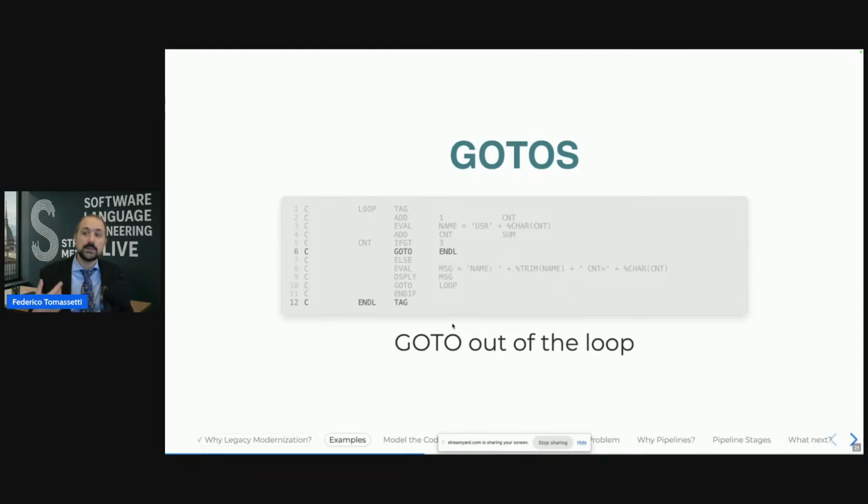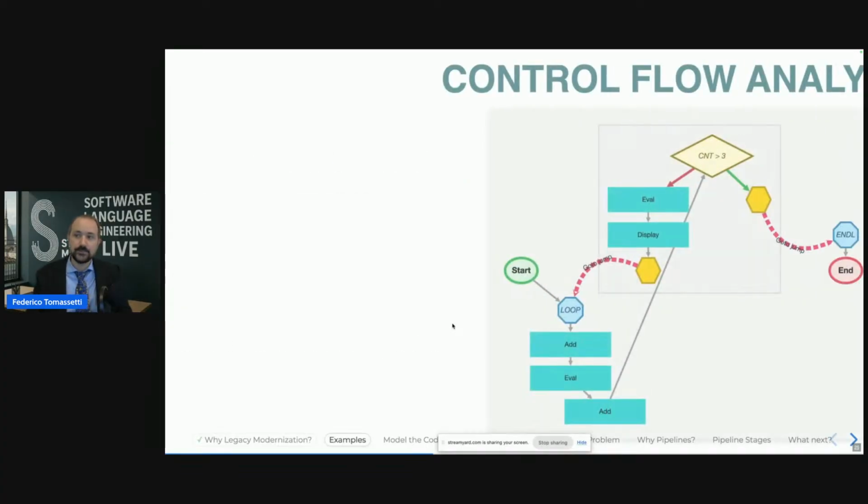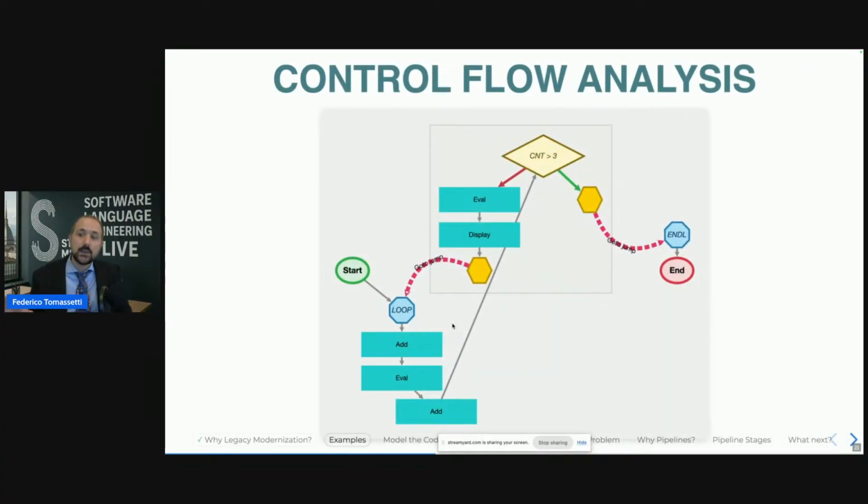So it jumps out of the loop. So we are seeing two different gotos that have different roles, and we need to leverage these to decide how to translate them. In general, we can do that by performing control flow analysis.